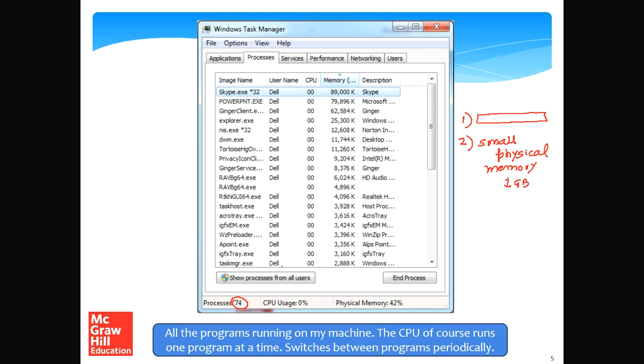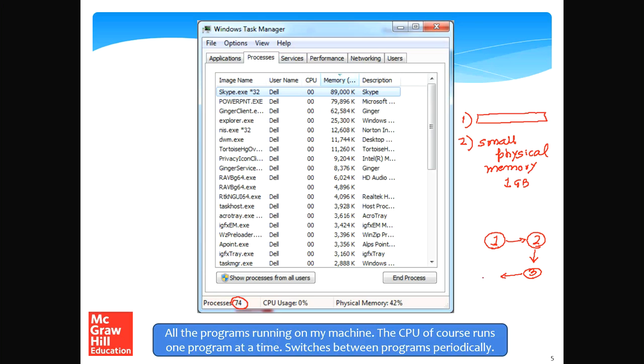It is not that my CPU is running all 74 at the same time. Of course, it runs one program at a time, but it switches between programs periodically. So let's say it is running program number one, then the CPU will switch and run program number two, then switch and run program number three.